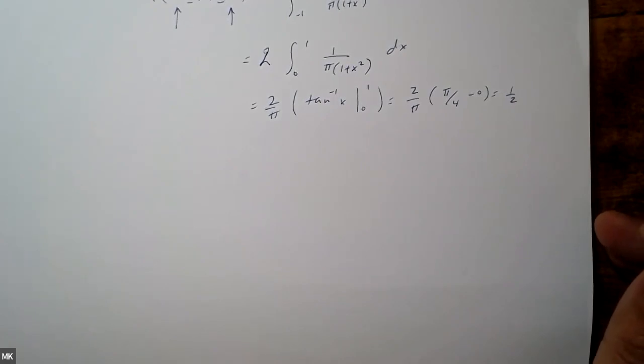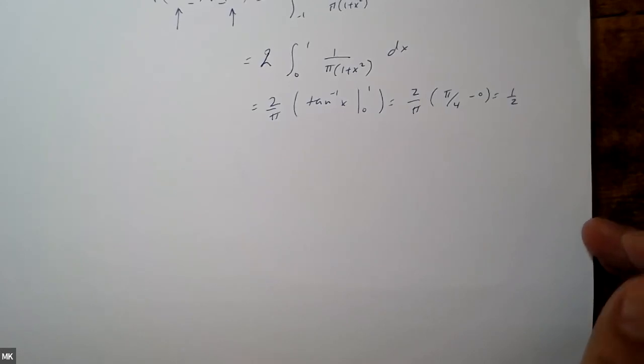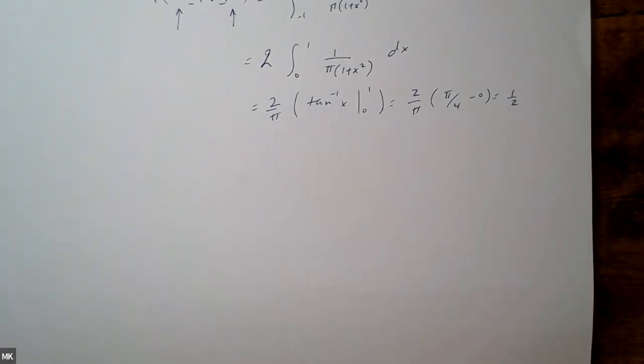Okay. So basically what I want you to be able to do is, if a problem gives you a function and says verify that this is the probability density function, you can do that. If I say find the c for which it would be a probability density function, you can do that. Then probability between two values, you should be able to do that as well.